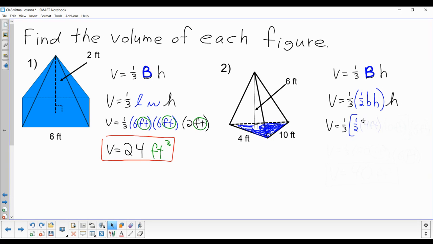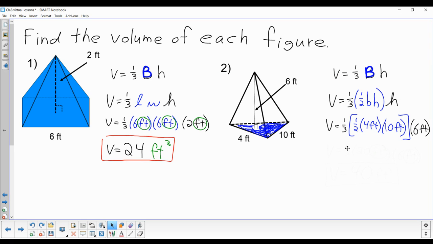So I plug the base in as 4 feet of the triangle. I plug the height of the triangle in as 10 feet, and then the height of the pyramid would be 6 feet. I close the brackets so that the area of the base is one thing, and then the height of the pyramid is 6 feet.